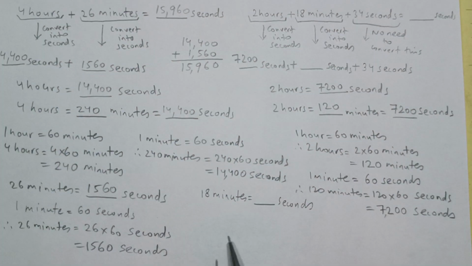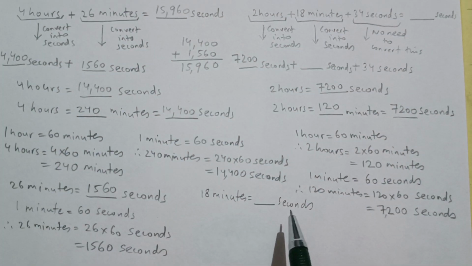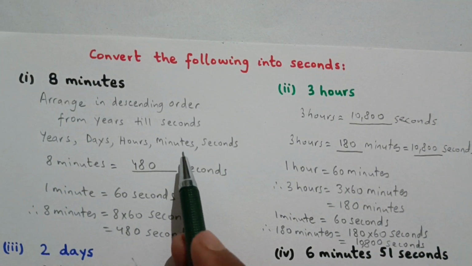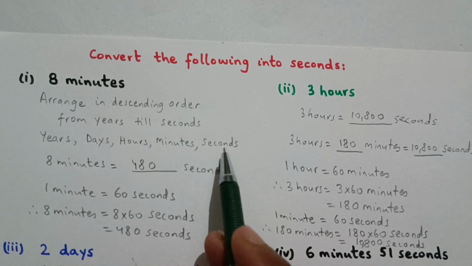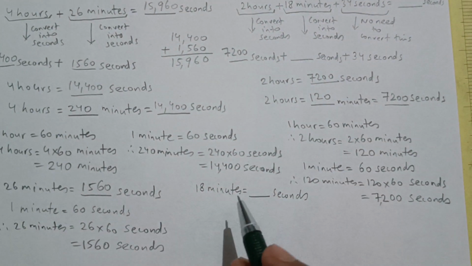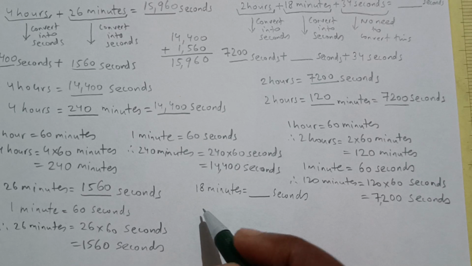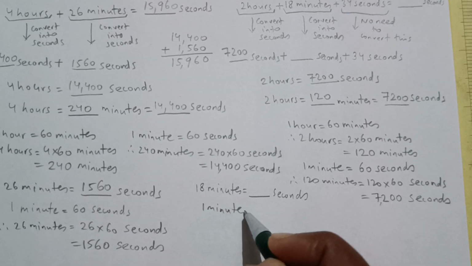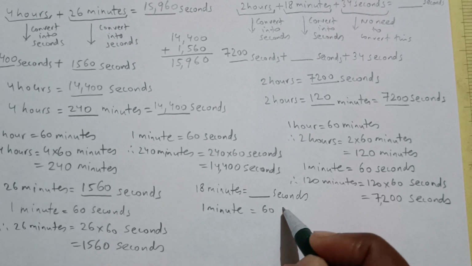Here we have to convert from minutes to seconds, so it is a one-step procedure. We know that 1 minute is 60 seconds.